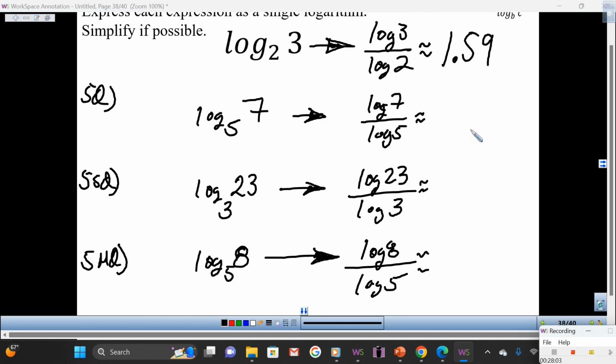All right, let's see. Number 5Q, what'd you get for 5Q, Anaya? 1.20. Hands if you got that. Looks about right. About 5 Super Q. Fredo, what'd you get? 2.86.